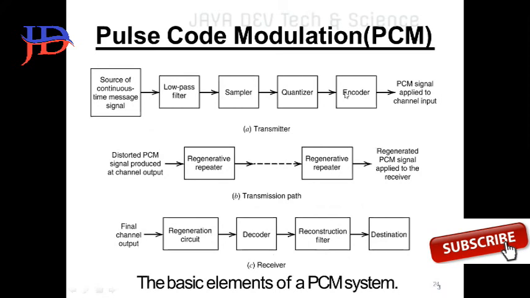The same 3 blocks are used here. In the transmitter, what are the blocks, and what is the function of each block? The first one is the source of the continuous-time message signal, which is given to the transmitter, and then to the low pass filter.